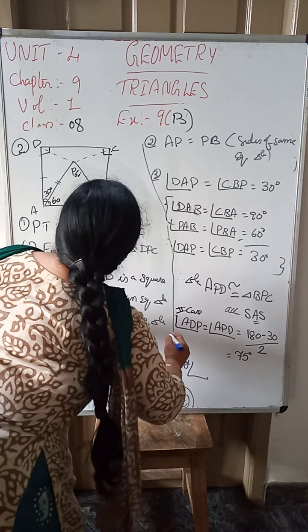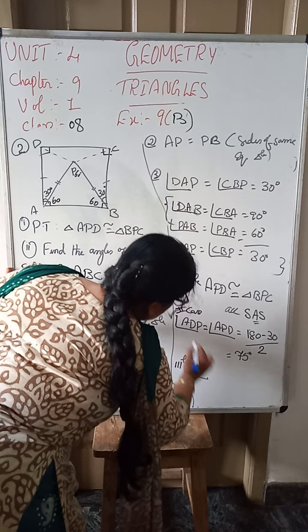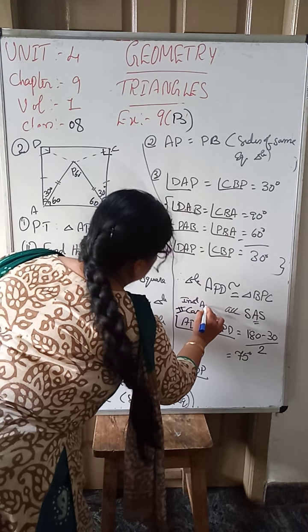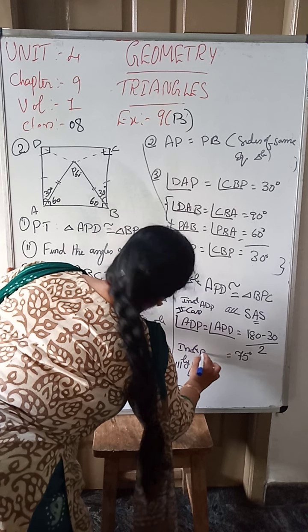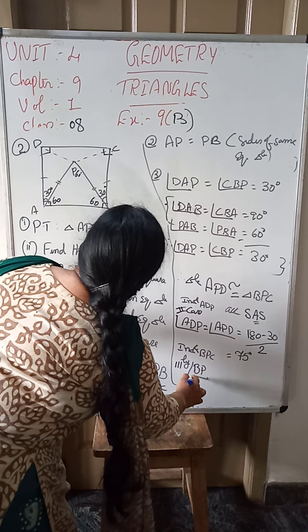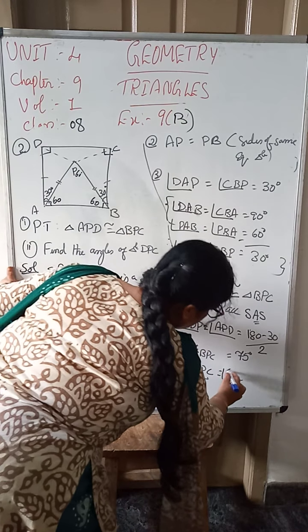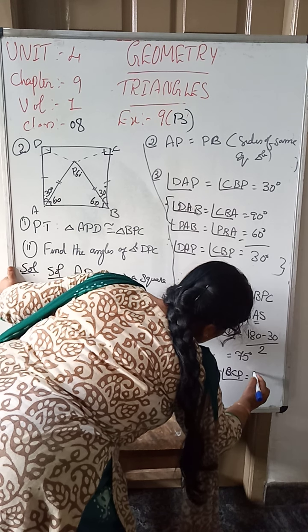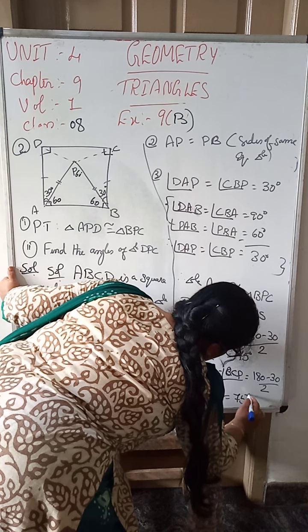Similarly, in triangle BPC, angle BPC is equal to angle BCP is equal to 180 minus 30 divided by 2 is equal to 75 degree.